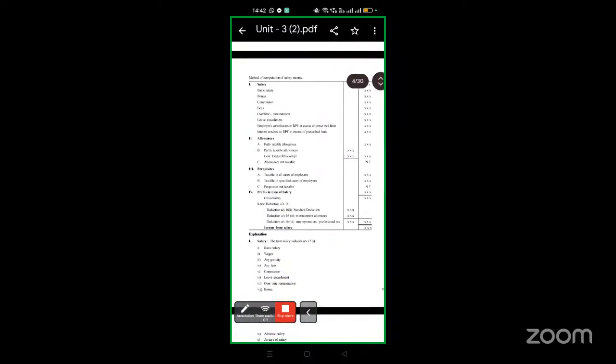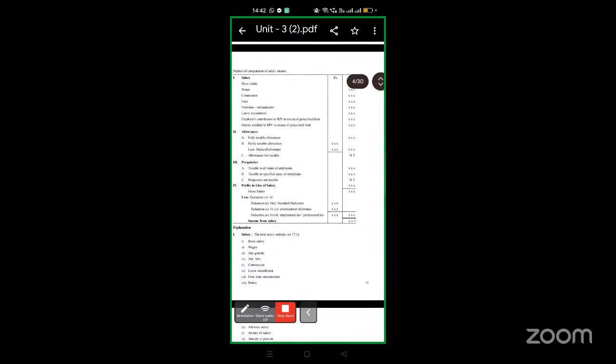This is the format of income from salary. Salary means basic salary, bonus, commission, fees, overtime remuneration, leave encashment, and employer's contribution to RPF in excess of the prescribed limit. So what is this RPF?